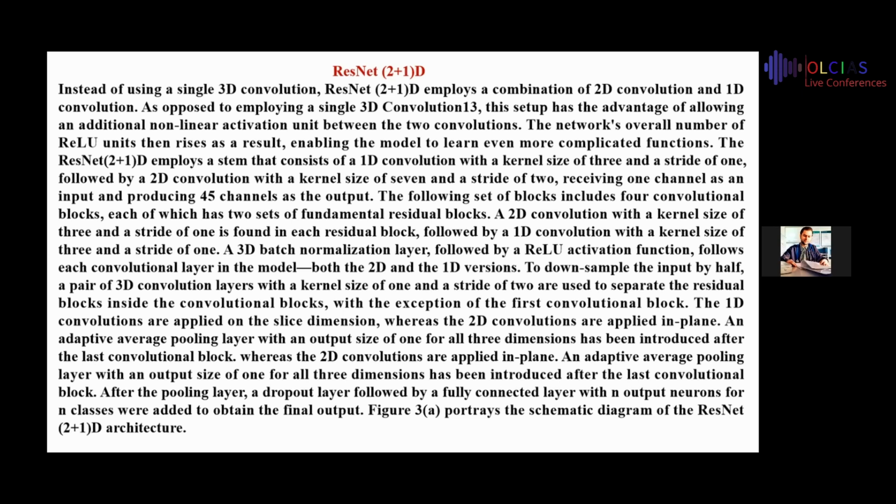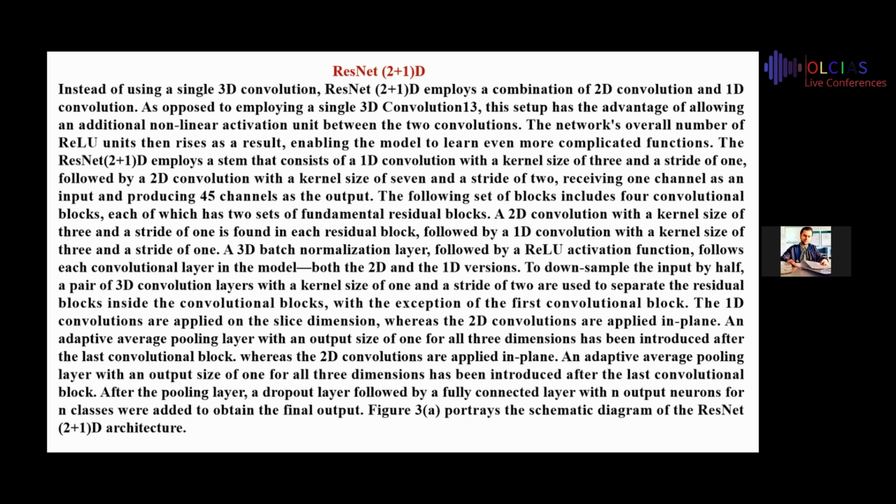So the network's overall number of ReLU units rises as a result, enabling the model to learn even more complicated functions. ResNet 2+1D employs a stem that consists of a 1D convolution with a kernel size of 3 and a stride of 1, followed by a 2D convolution with a kernel size of 7 and a stride of 2, receiving one channel as an input and producing 45 channels as output.